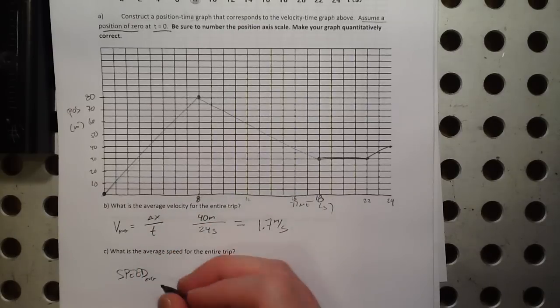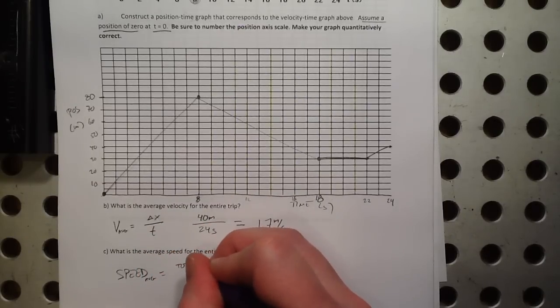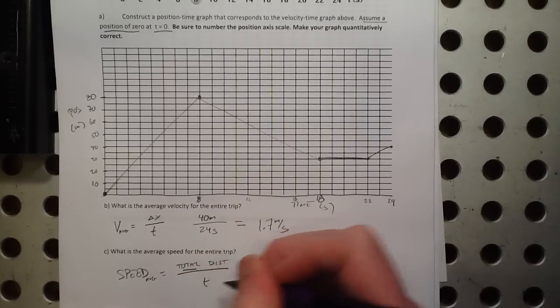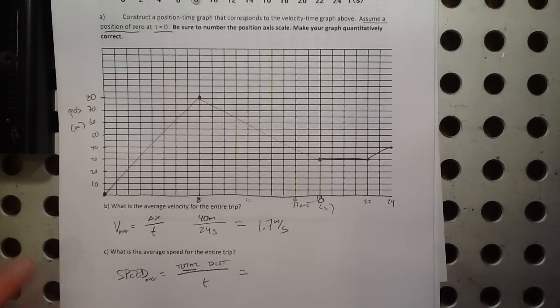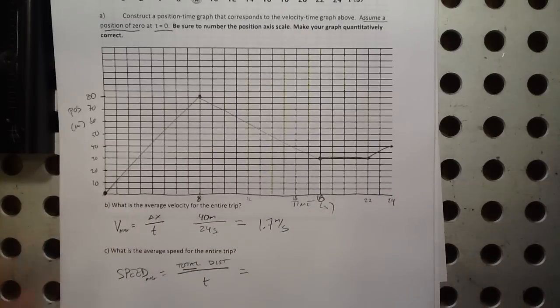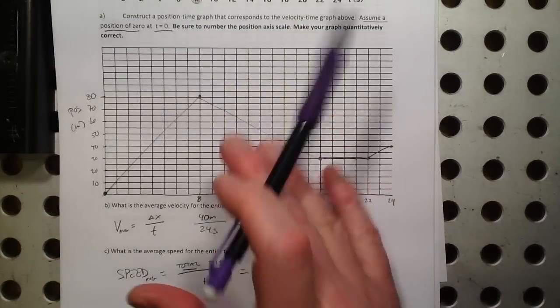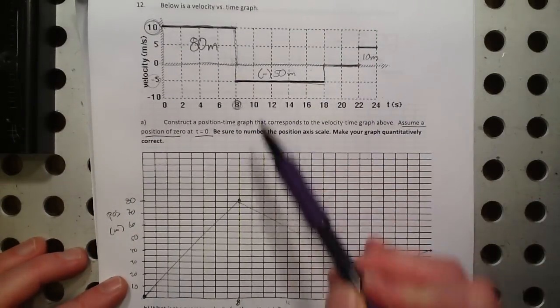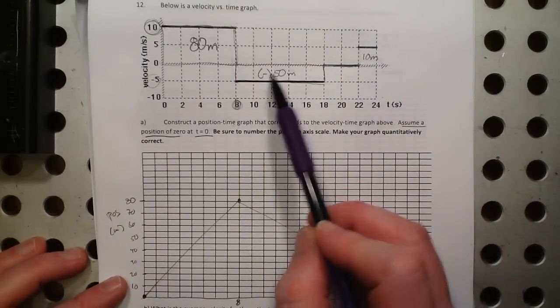Average speed, well, that's a little different. That's total distance divided by time. So that takes into account everything that happens in between. So let's look at our total distance. We went 80 and then 50 and then 10. Total distance doesn't care about the signs.